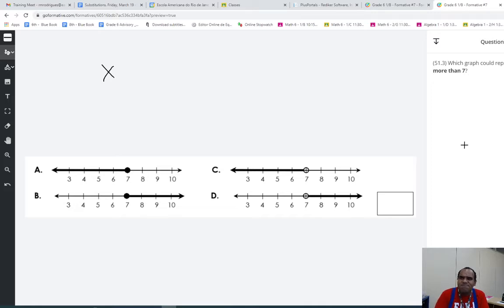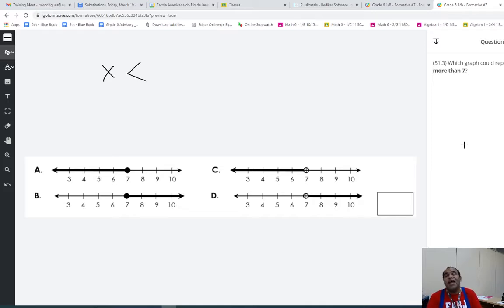No more than. Can I go more? Like, no more than, can I be 8? No. 9? No. Then for sure the inequality for no more than is less than.